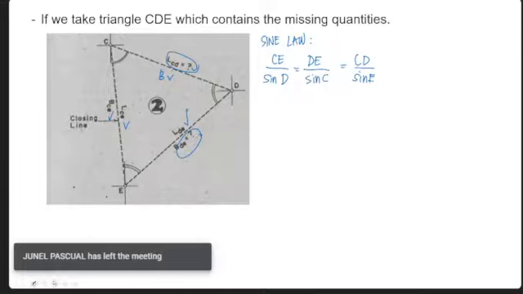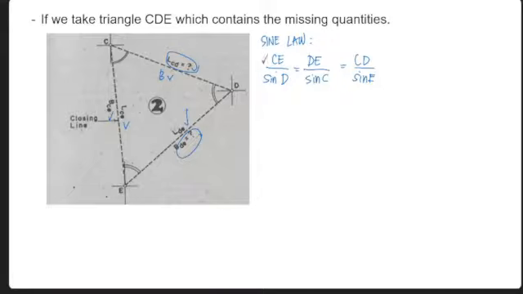Okay? So ano-ano ba yung meron tayong given looking dyan sa ating triangle? We have CE and DE. So ano pa yung meron tayong available? Meron tayong bearing ni CD. So kung meron tayong bearing ni CD and meron tayong bearing ni CE, meron tayo nyon.